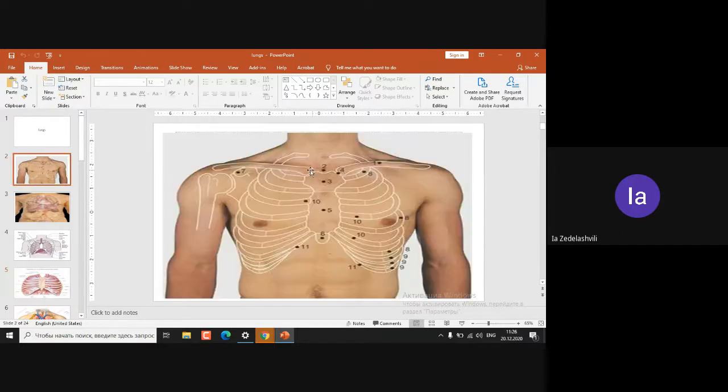All of you can find this outer superior part like the clavicle, the most upper part, the top of our thoracic part, and the most outgoing parts.